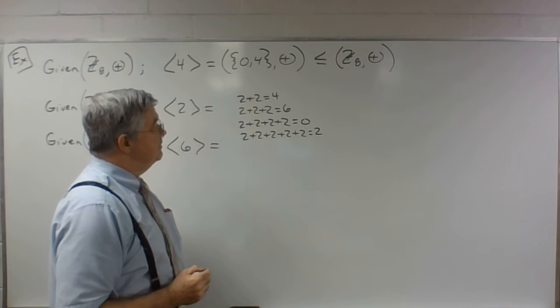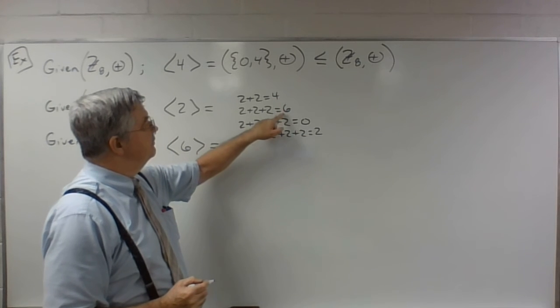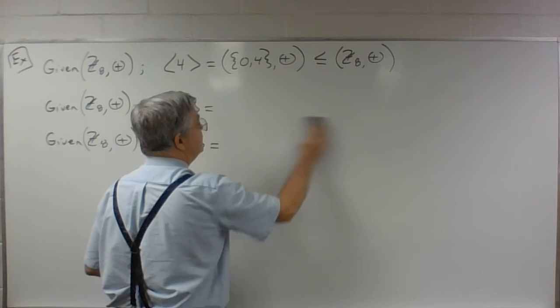Well, I guess the elements that are generated by 2 are 0, 2, 4, and 6. That's the subgroup of elements generated by 2.